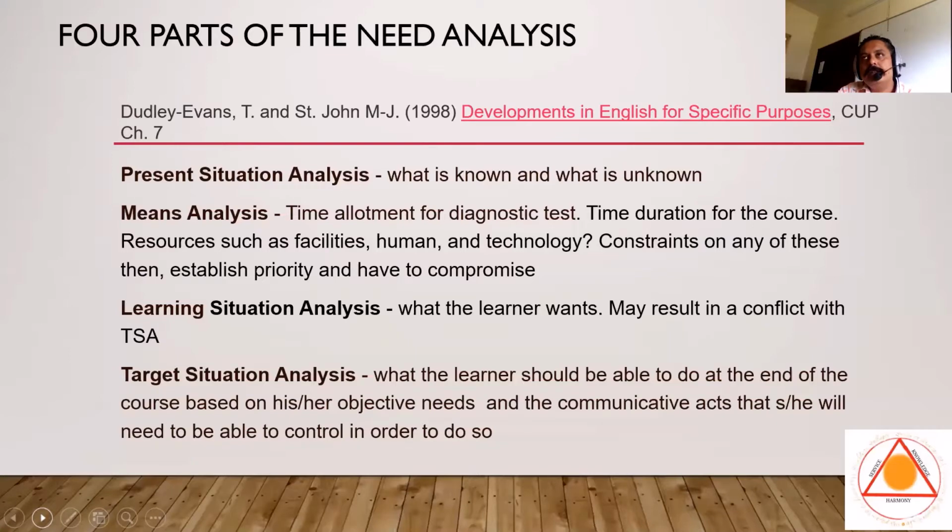There are four layers to look at the need analysis, and this is well explained in the source which I have mentioned before: Dudley-Evans and St. John.